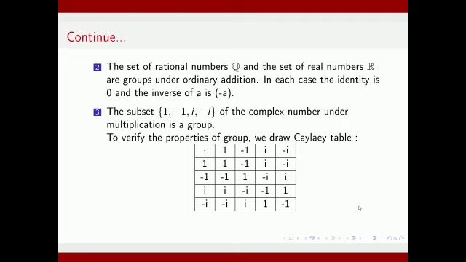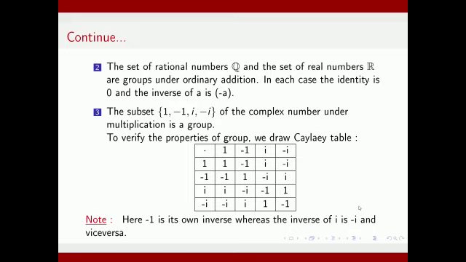Similarly, minus 1 into minus 1 is equal to 1. Here again, minus 1 is the inverse of itself. i and minus i are inverses of each other. Therefore, the subset 1, minus 1, i, minus i satisfies all the four properties of group.